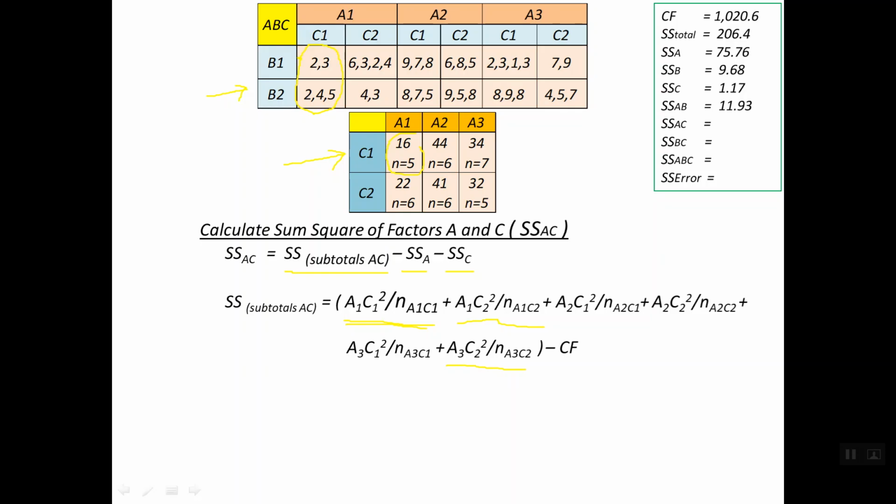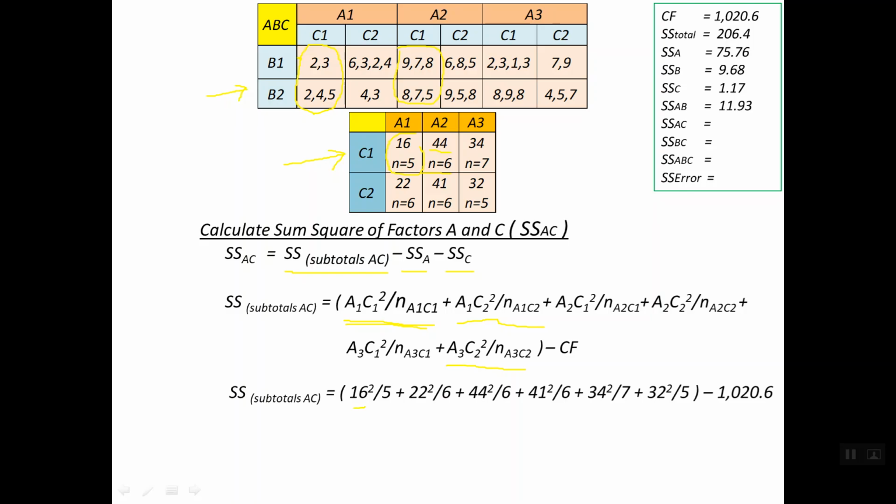Regarding A2C1, A2C1 is simply these observations. So the total of these observations is 44, while the number of observations is equal to 6. The same way for the other combinations between A and C. So now we can substitute directly.